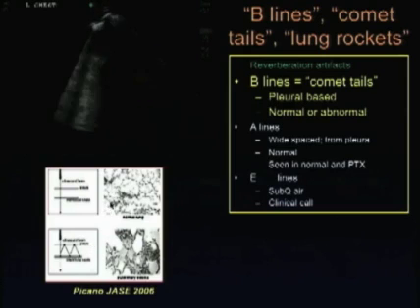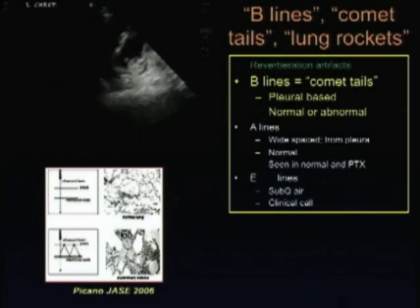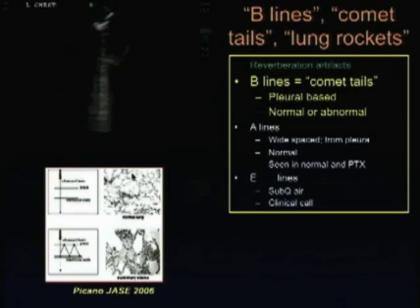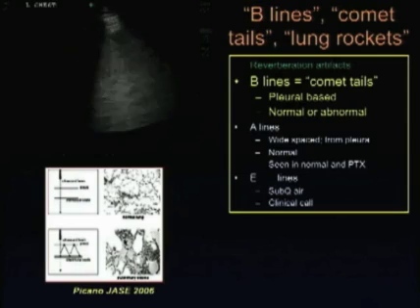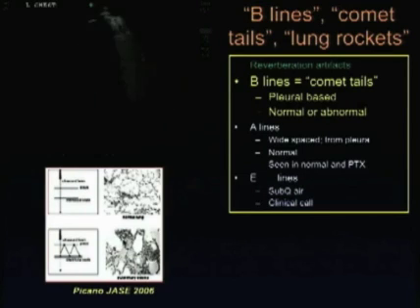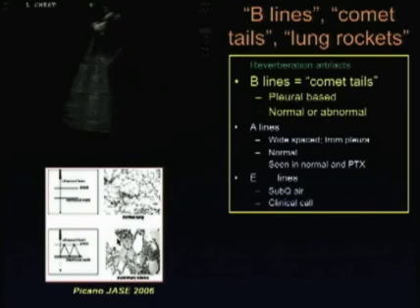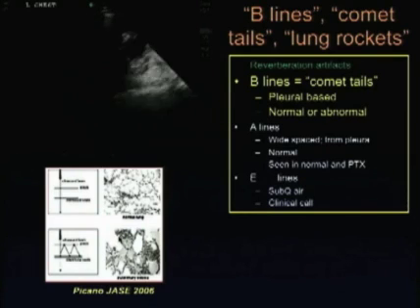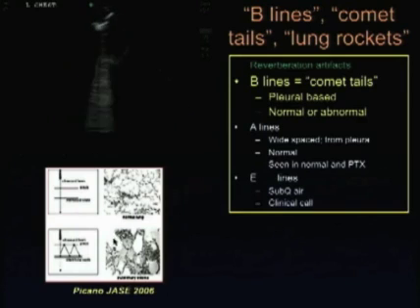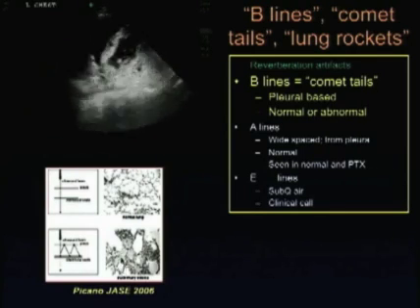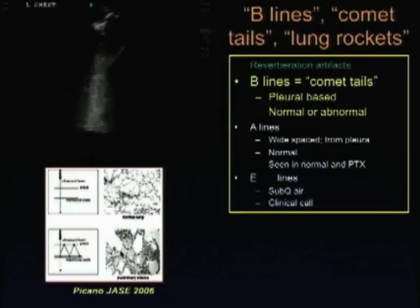The basis of this is thought to be that the interstitium, the alveolar walls and the interstitium of the lung, when they become fluid-filled, provide a sufficiently dramatic impedance mismatch that they become intensely echogenic and result in ultrasound waves being reverberated back and forth within this space, or possibly within the interstitial space in such a way that they cause these reverberations.